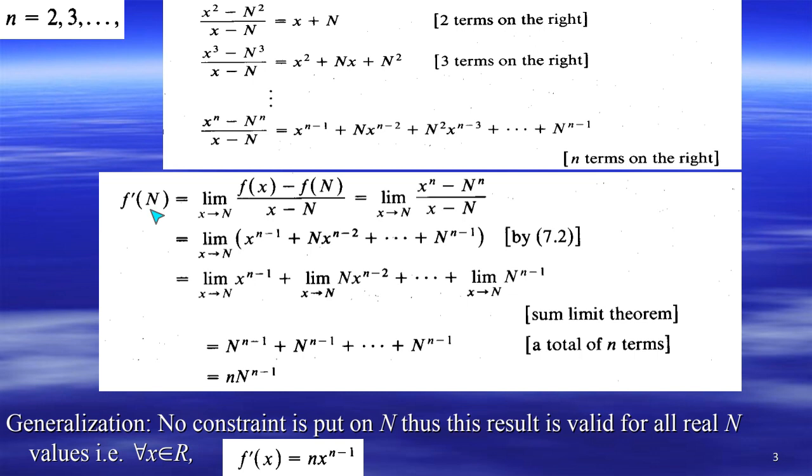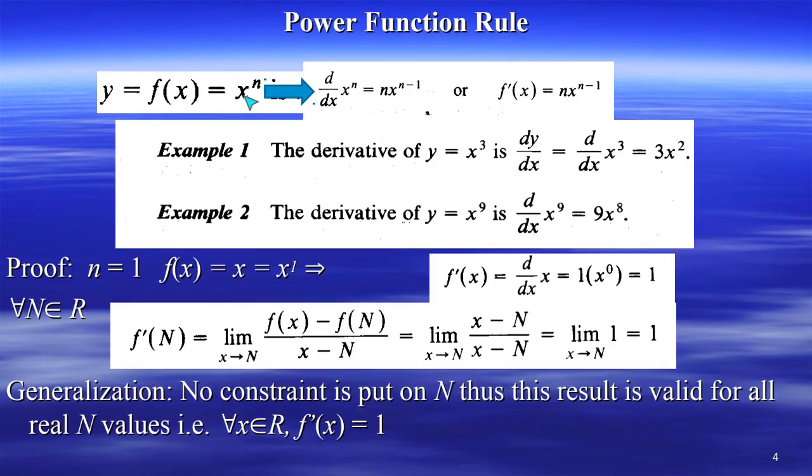So f prime, when the function is x to the power small n, as we can see here. We will prove this result. The claim is that when y is equal to f of x equals x to the power n, its derivative is n times x to the power n minus 1. We will be proving this result.